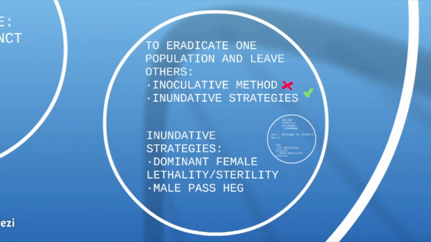In these strategies, we can use HEGs if they cause dominant female lethality or sterility. If the HEG was engineered to be constitutively active in all tissues, the organism would be converted to a homozygote. Females with HEG would be dead or sterile, and males would pass on the HEG to the next generation.